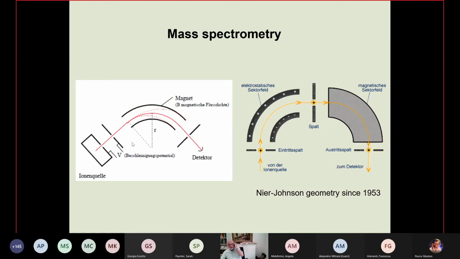And in the magnetic field, they are deflected according to their mass. The isotopes have identical chemical behavior, but they are different physically, and this means that the differentiation, the filtering, is by mass.